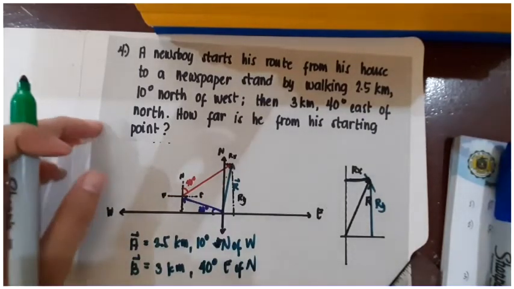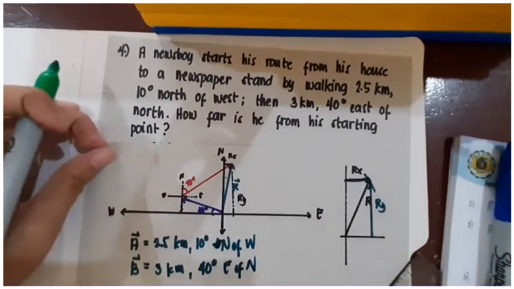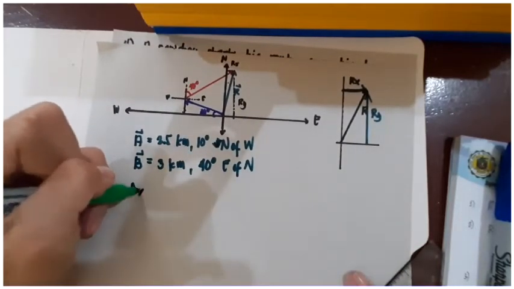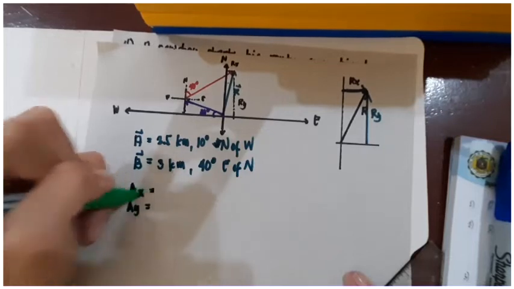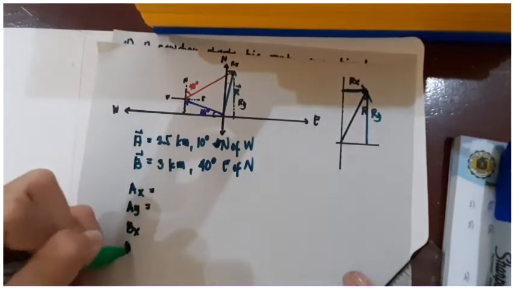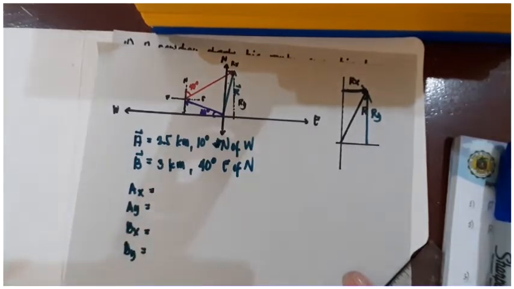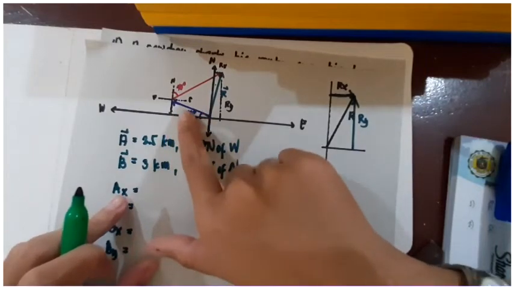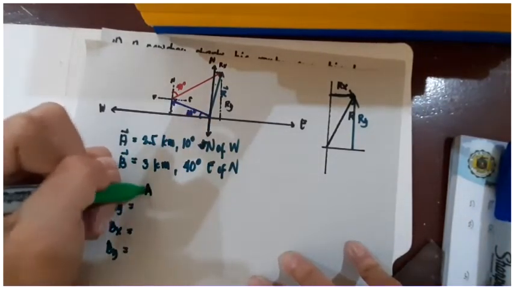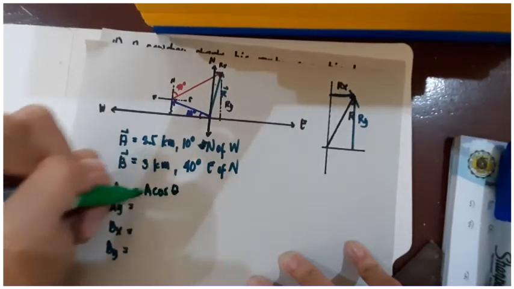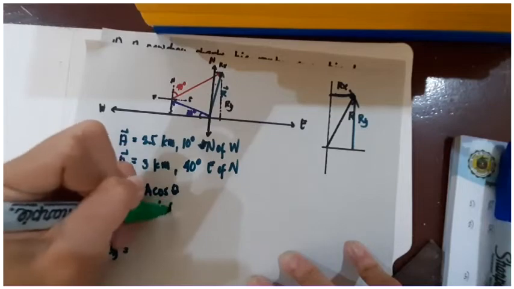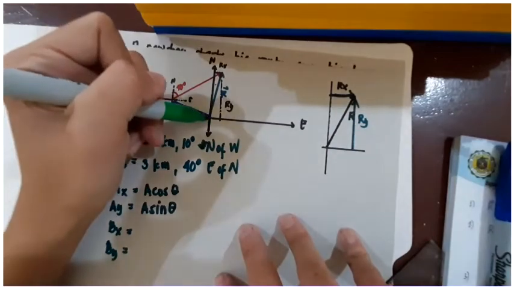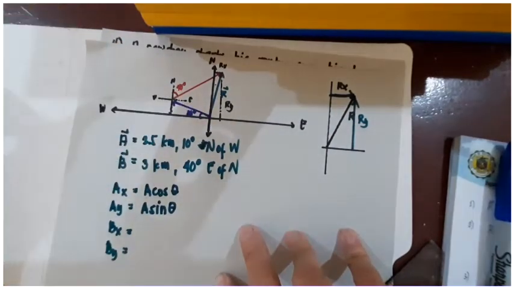So yan yung given natin. We are going to get your x and y component for each vector. So kailangan natin kunin si Ax and Ay at saka si Bx at si By. For the Ax, itong blue na arrow, you have a cosine theta, and then for the y, A sine theta. Since nakalay naman sa x-axis yung ating angle.